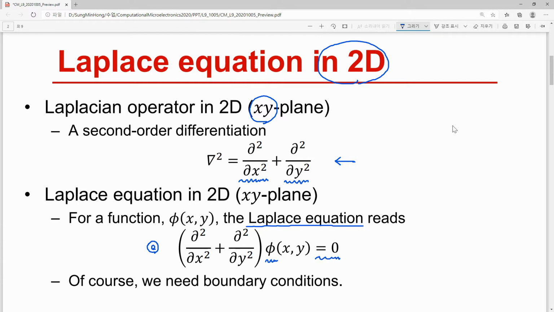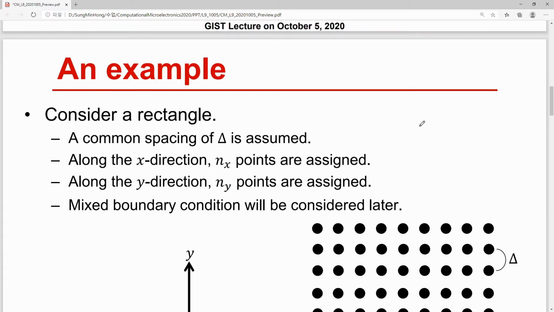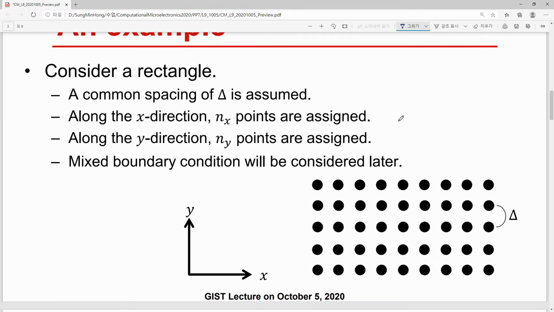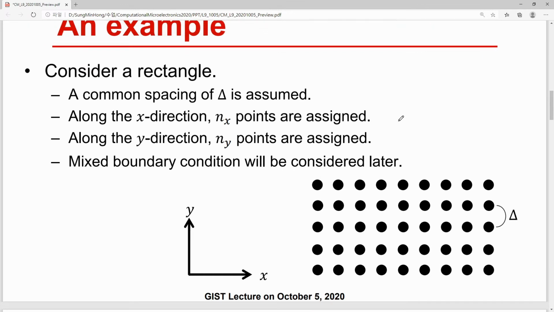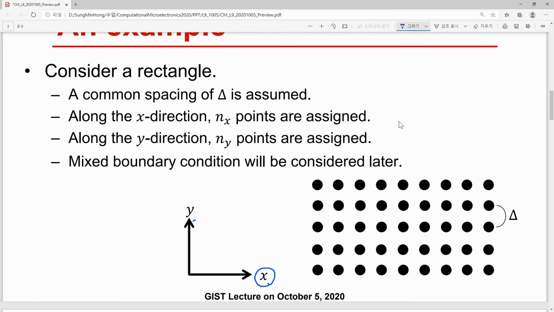Of course, we need boundary conditions. In this lecture 9, we will consider a very simple example. So consider a rectangle, and common spacing along x direction and y direction will be assumed.